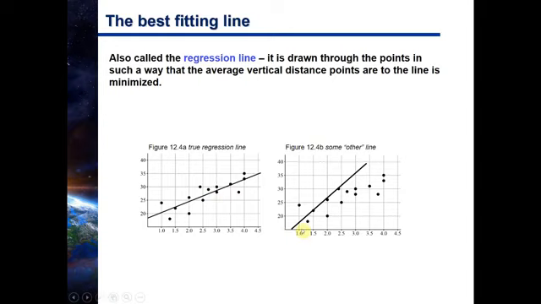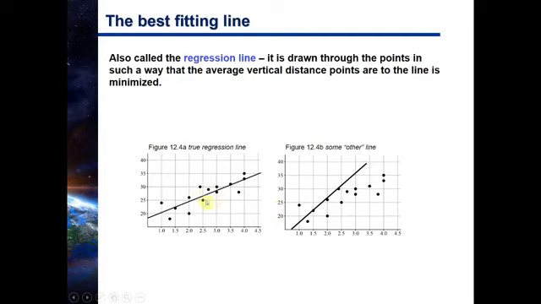This would not be the best fitting line. Why? Well, it made these three dots pretty happy, but it missed all of these. In fact, if we were to calculate the average distance that these points are to the line, we would get a larger answer here than over here.